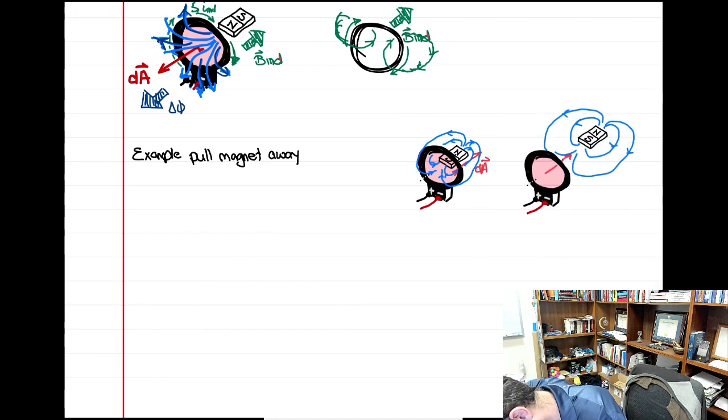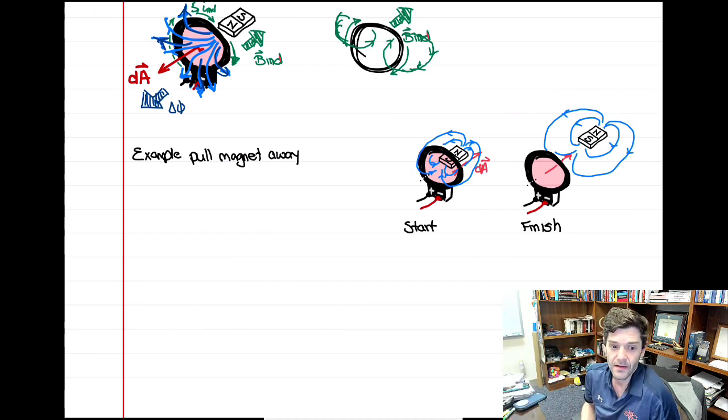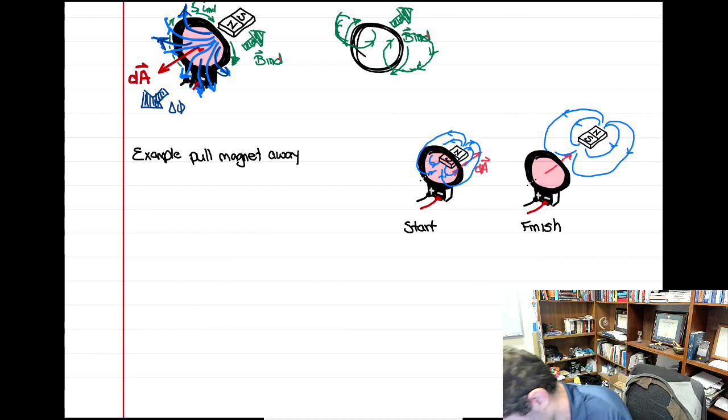So let's call this start, and call this finish. And I've already done a couple of the steps for us. Since I now have the way that the magnet's oriented is that the north is on the top and the south is on the bottom, notice that that creates field lines that kind of loop around.